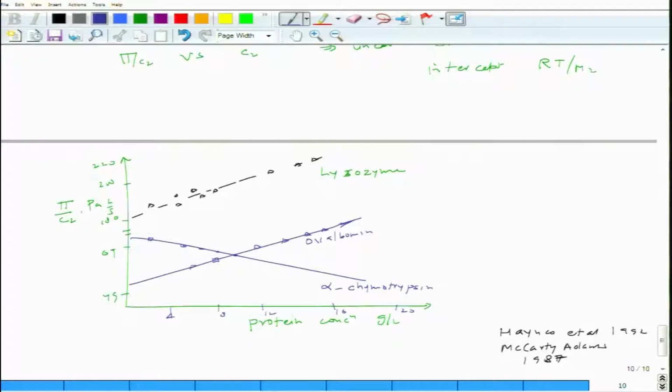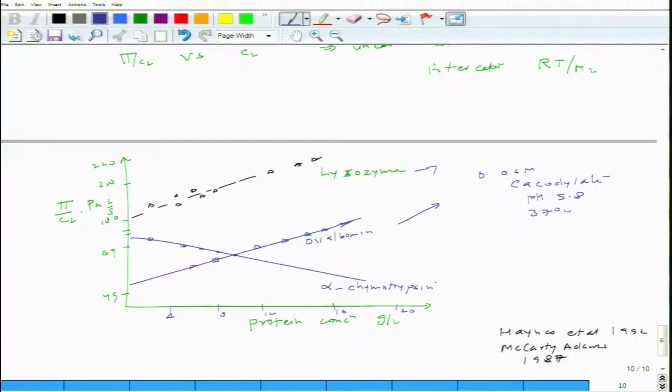They plotted lysozyme and ovalbumin in 0.06 molar cacodylate, at pH 5.8 and 37 degrees Celsius.